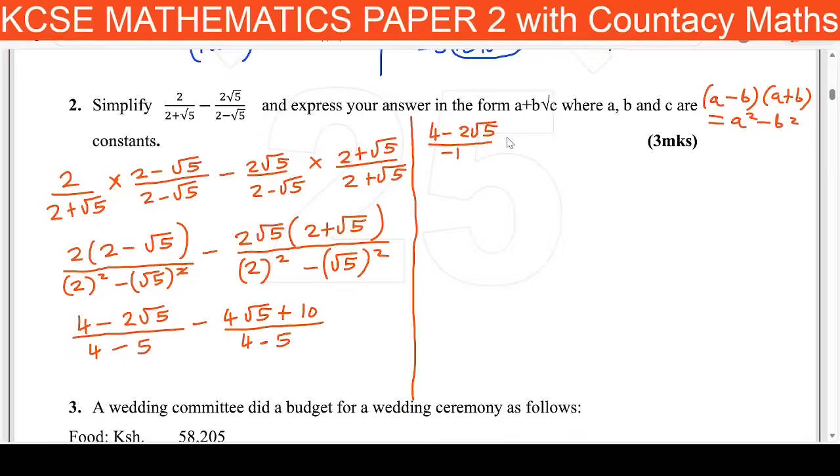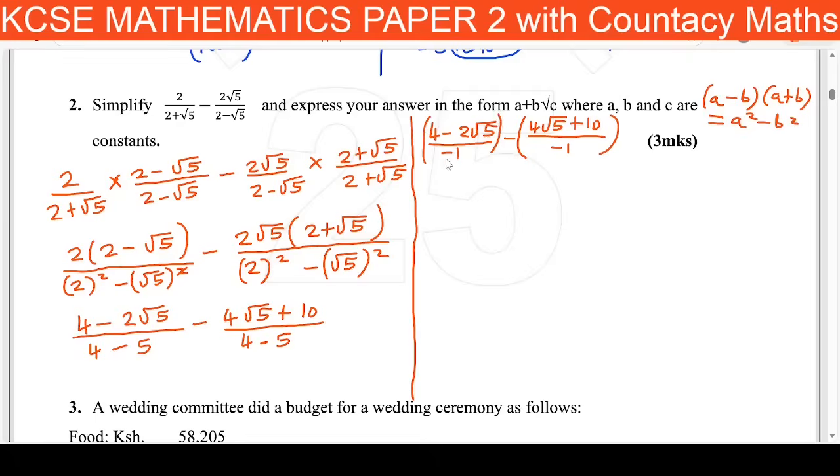And here we've got a minus sign. And remember, when you've got a minus sign, that minus sign applies for all the numbers that follow, especially if it lies under numbers that have got numerator and denominator. So what you're having here is 4 root 5 plus 10 divided by 4 minus 5, that's negative 1.